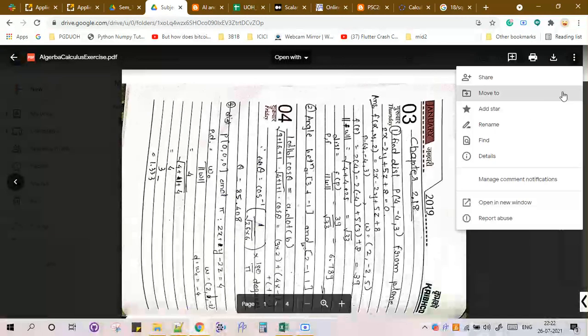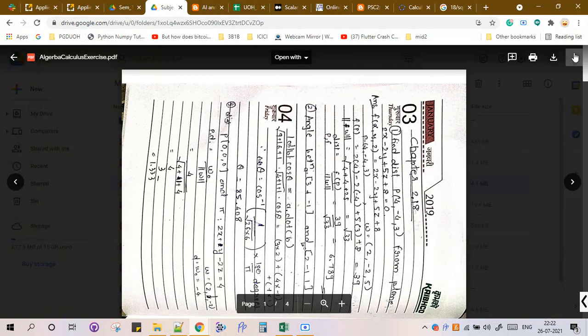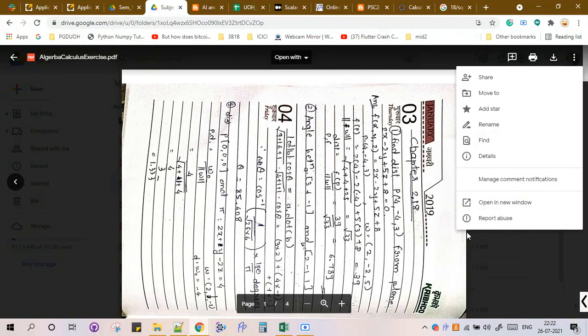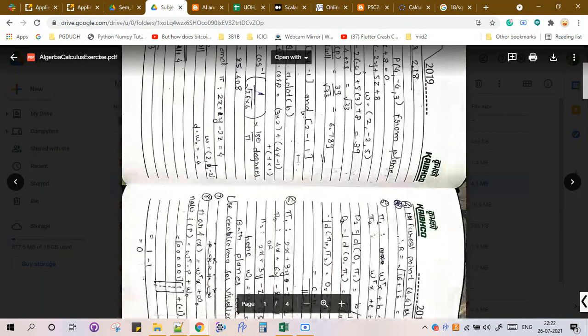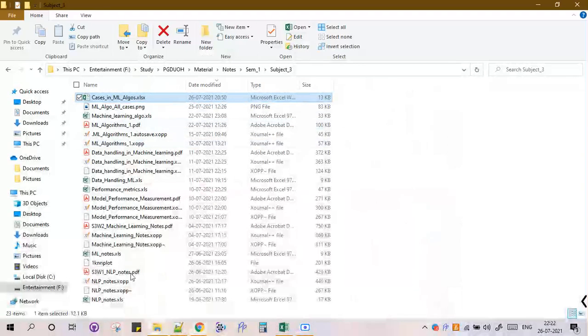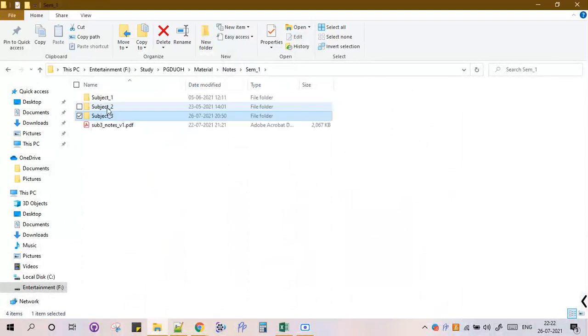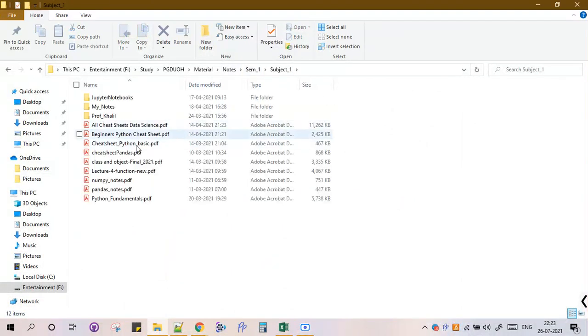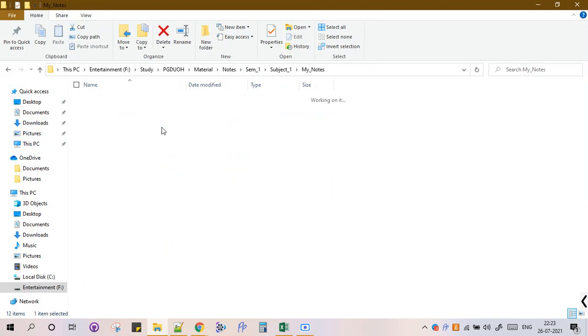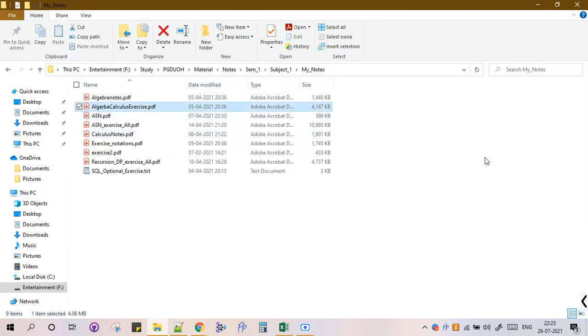Can we rotate here, guys? I don't know how to do it. Let me open it locally. Same one, subject 1, algebra, calculus, exercise.